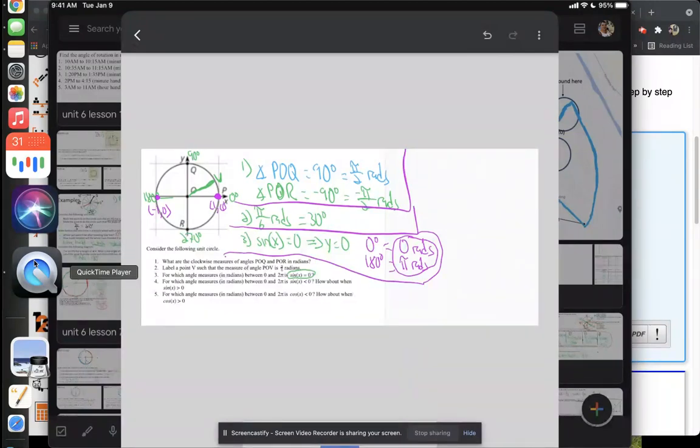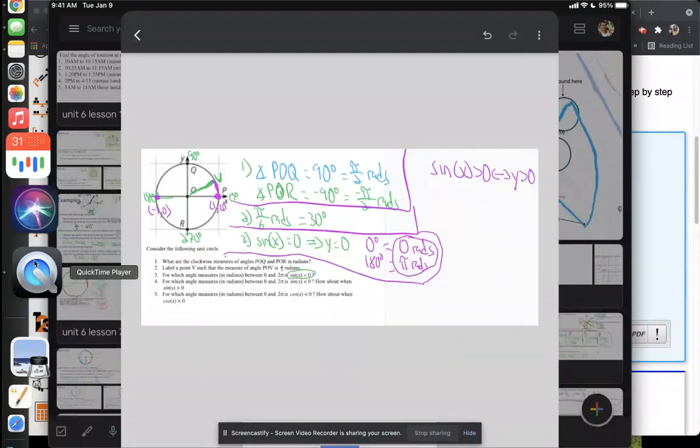So sine of x greater than 0. Again, we know that sine is the same as y. So sine of x greater than 0 means we want y to be greater than 0. And where is y going to be positive?